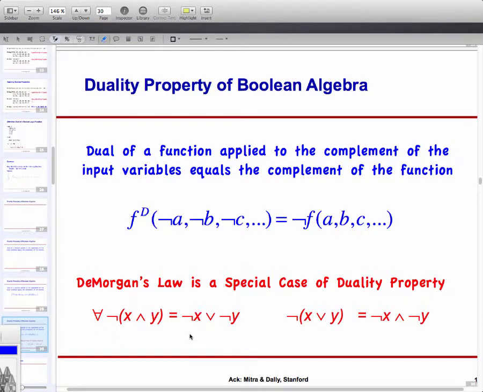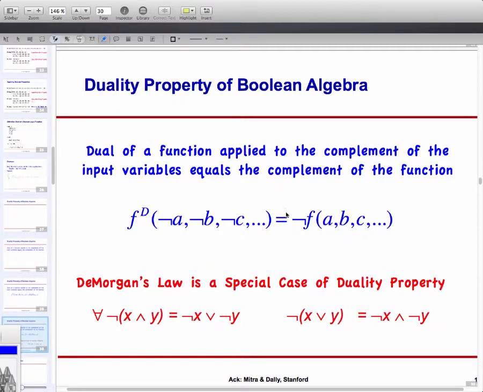So DeMorgan's theorem is for a very special f. It's following this property. The other DeMorgan's theorem is this. Here my function was x or y. Its dual would be x and y. I'm going to replace x and y by the negatives, so I get not x and not y.